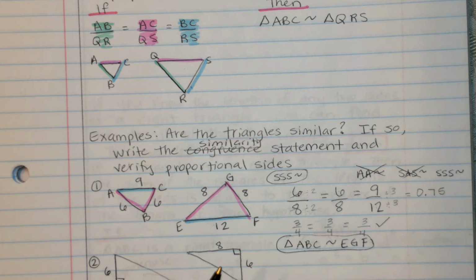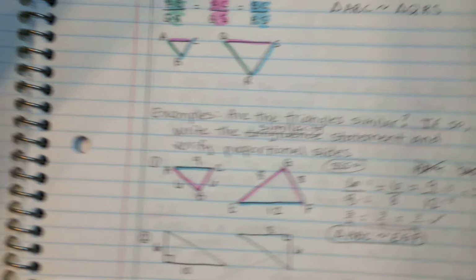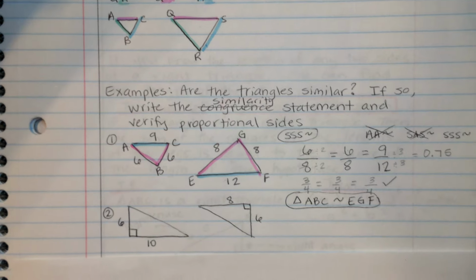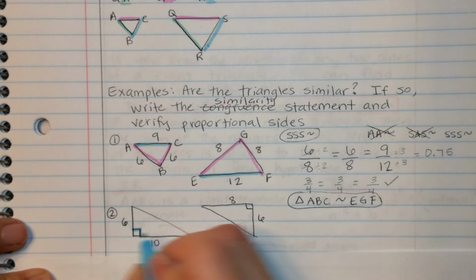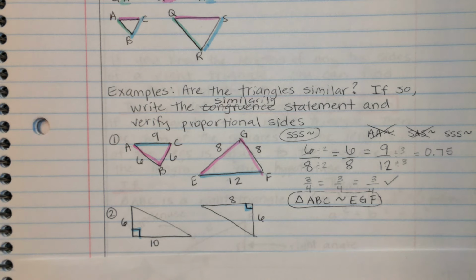Okay, here is the next one. Go ahead and copy that down. Let me see. Okay. So again, I want to plan it out and see what is given to me. I do have that they both have right angles. All right angles are congruent, so I have one congruent angle.